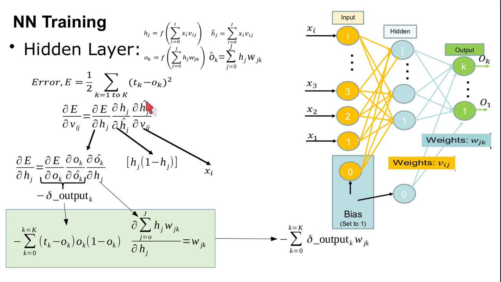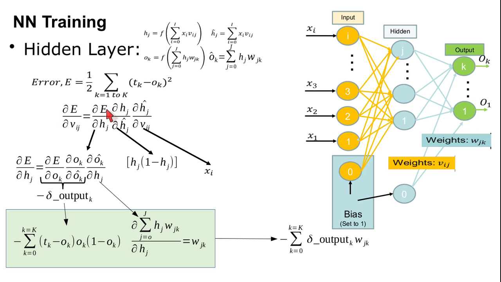Let's look at how the weights in the hidden layer are updated. The error rate is again defined like this. And you now take the partial derivative of the error with respect to a weight in the hidden node. So let's say Vij is one of the weights of a hidden node. And you're computing partial derivative of the error with respect to that particular weight.